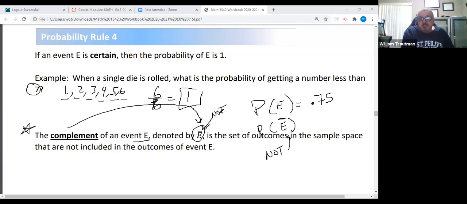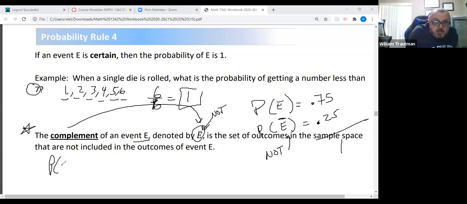If the probability chance of rain is 75%, then the probability of not rain is 0.25, or 25%, because they have to add up. The event and not the event have to add up to 1. 0.75 and 0.25 add up to 1. So the complement is the opposite of the event. We put the line on top of it, and we call that line the not.